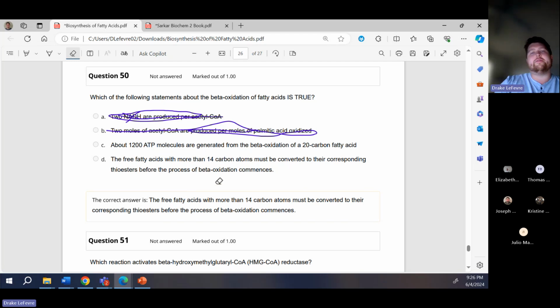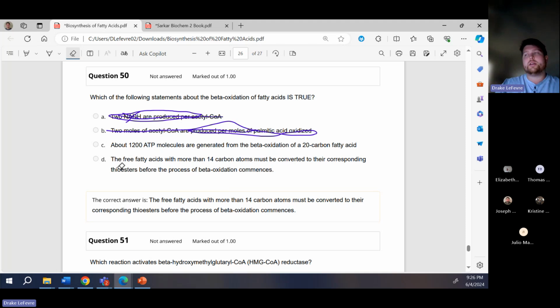If we're more than 14 carbons long, we need something to help us, because we need to convert it to a thioester, making it an acyl-CoA, in order for it to pass through the mitochondrial membranes.